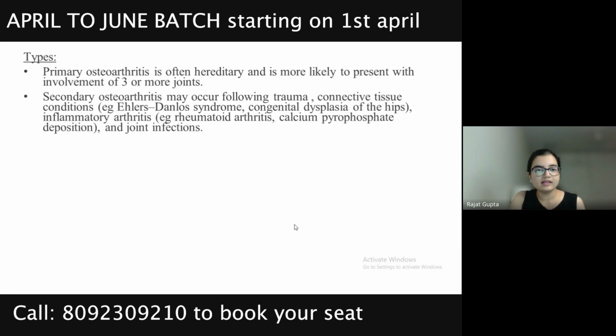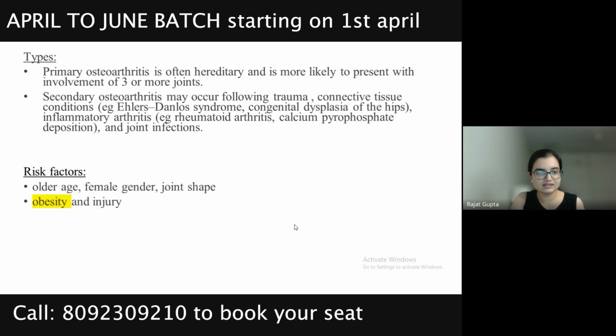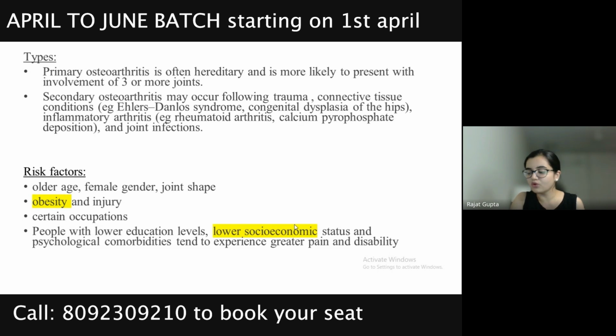Okay. Now, there are two types, primary, which is more likely hereditary, and secondary, which comes after either trauma or some joint infection or some other connective tissue conditions. We've already mentioned that it's more common in the elderly and in females. Another important factor is it's more common in people who are obese and do certain kinds of occupation, which involves more handwork.